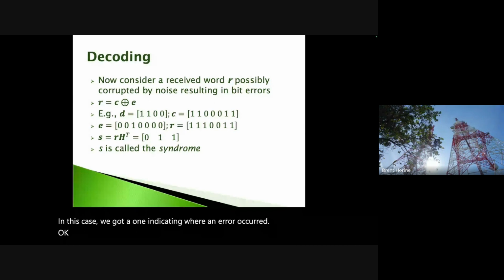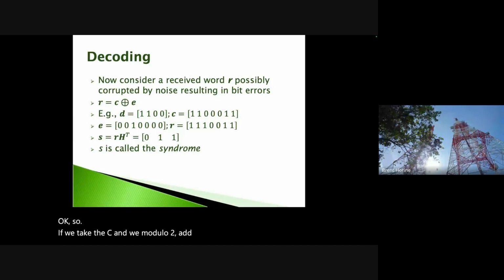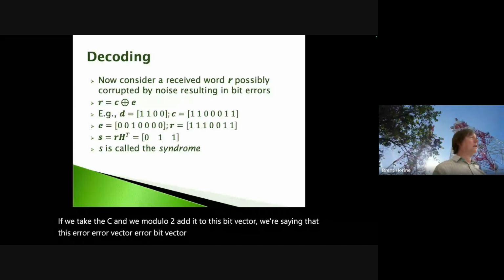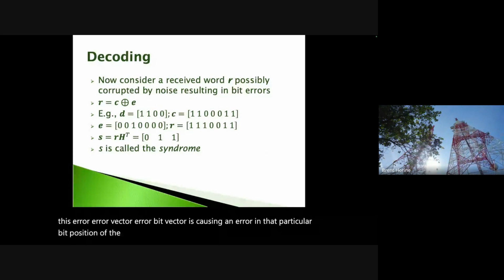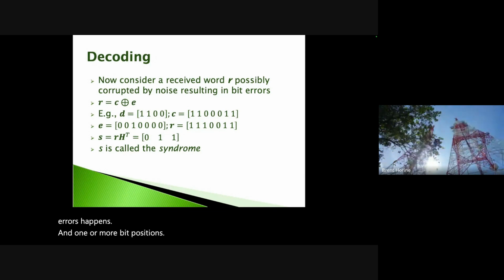If we take this C and modulo 2 add it to this bit vector, we're saying that this error bit vector is causing an error in that particular bit position of the code word. So C is what's transmitted, and some errors happen in one or more bit positions. If there are 0 errors, it's trivial, but hopefully that happens most of the time, right?